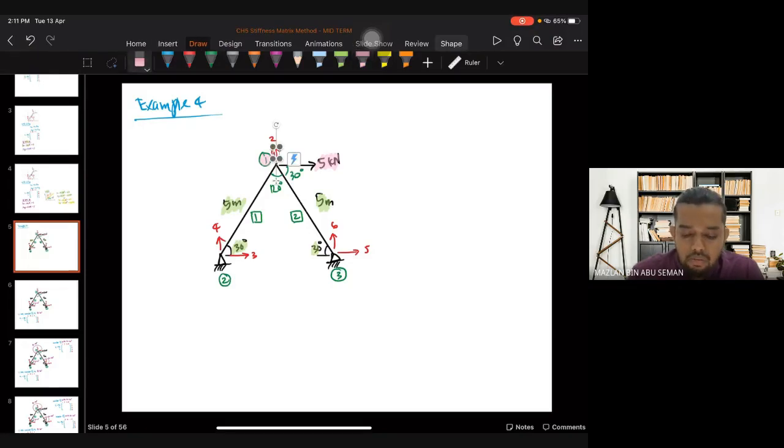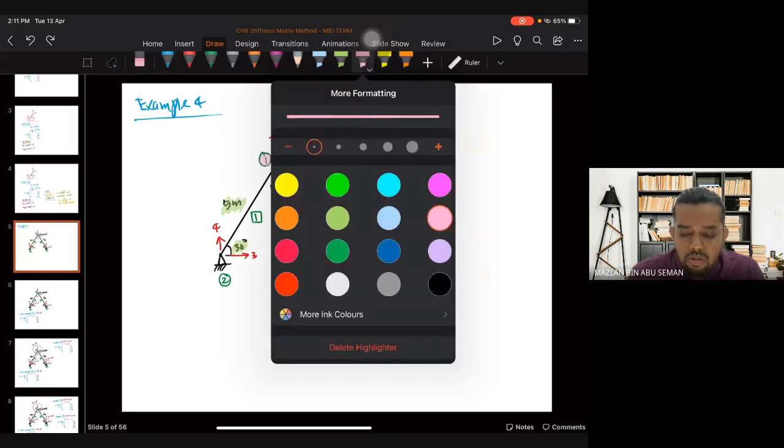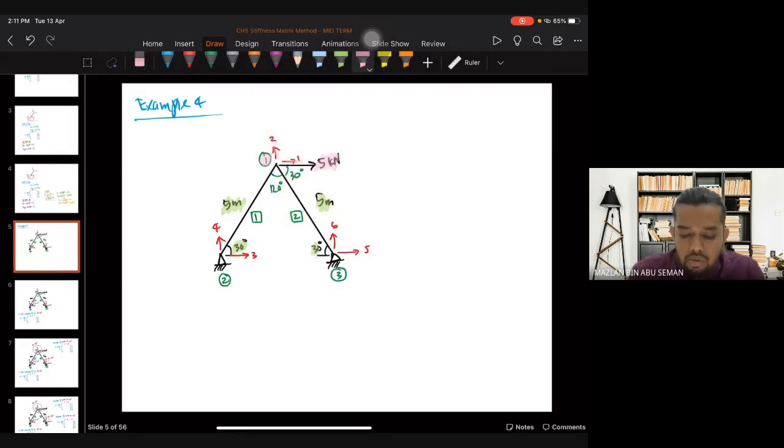So 1, 2, then on the supports it doesn't matter: joint 2 or joint 3, then 3, 4, 5, 6. We know the angle, so this angle here is 120. Using trigonometry, you know here is 30 degrees.